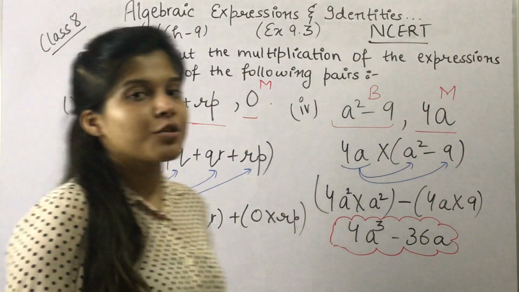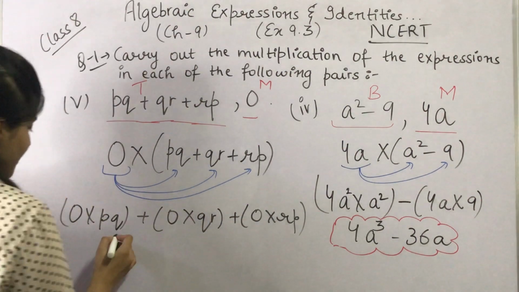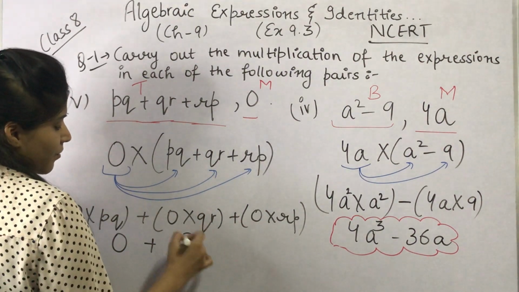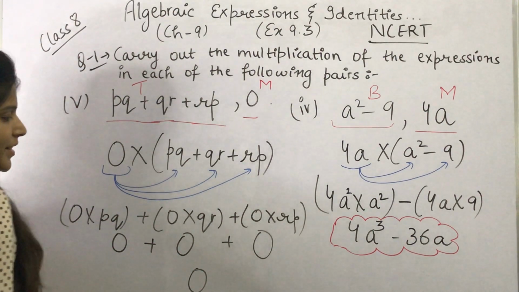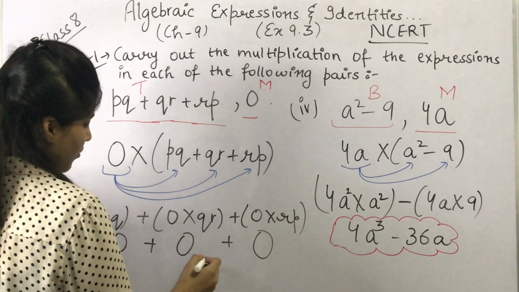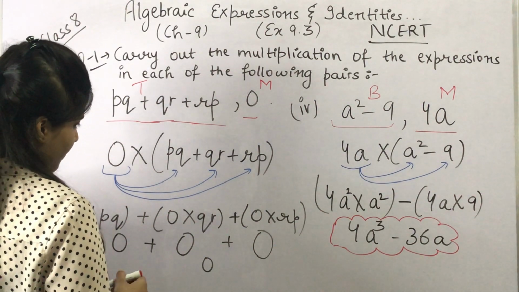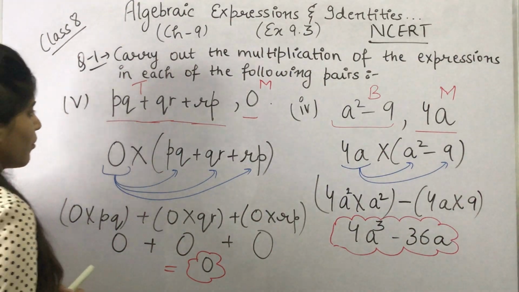As we know children, 0 into something is always 0. So 0 into PQ is 0, plus 0 into QR is 0, plus 0 into RP is 0. So basically our answer comes out to be 0. So the answer of fifth part is nothing but 0.